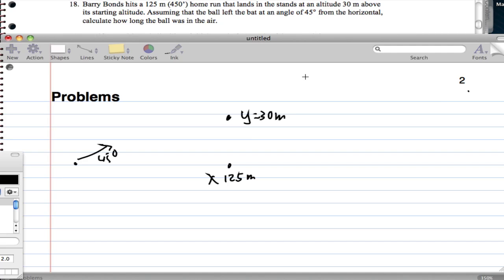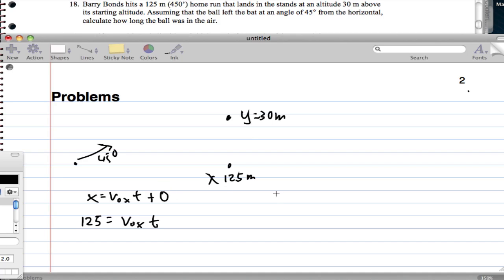So it lands in the stands, and it's 125 meters. Let's see what we can do with this. Let's just say that x equals v naught x t plus 0. So we're going to have 125 equals v naught x t.